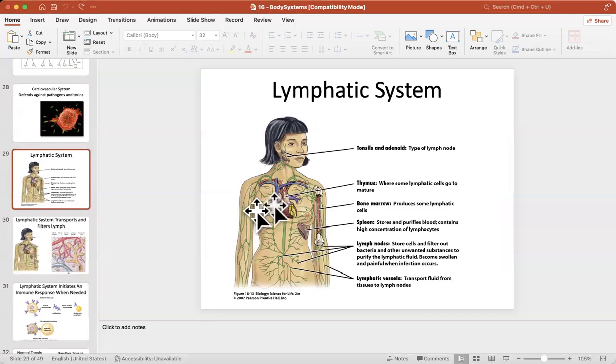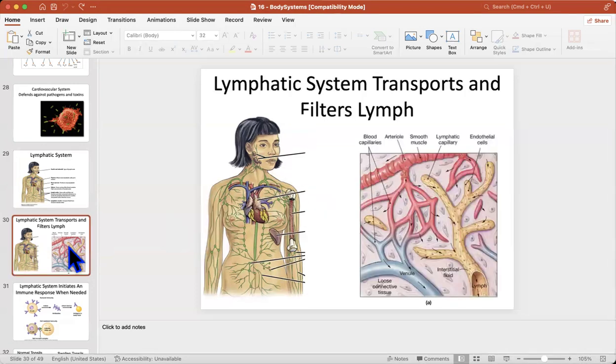And they also have lymphatic vessels, similar to the blood vessels, like the vein system. But the liquid flowing inside the lymphatic system is called lymph, L-Y-M-P-H. It's not called blood. So you also have liquid flowing inside. And inside those lymphatic vessels, you also have lymphocytes.